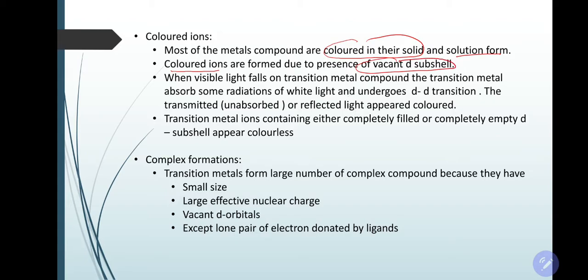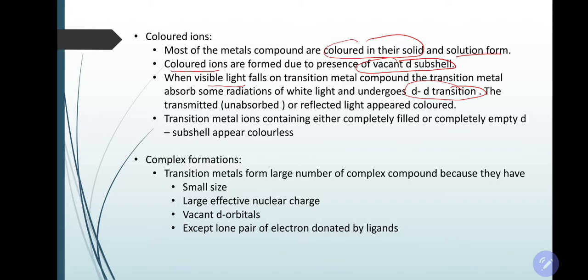Whenever there is a transition, visible light falls on the transition metal, and this transition metal will absorb some radiation to undergo d to d transition, that is, transition within the d orbitals.